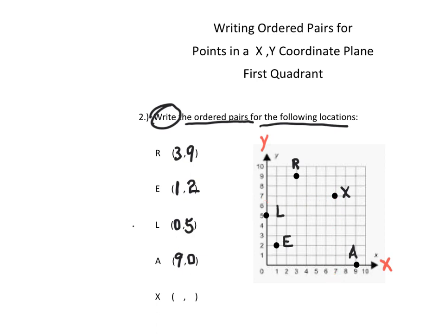So that's at 7, 7. And that takes care of plotting points on the XY coordinate plane for the first quadrant, and finding the ordered pairs for points that are plotted in the first quadrant of the coordinate plane.